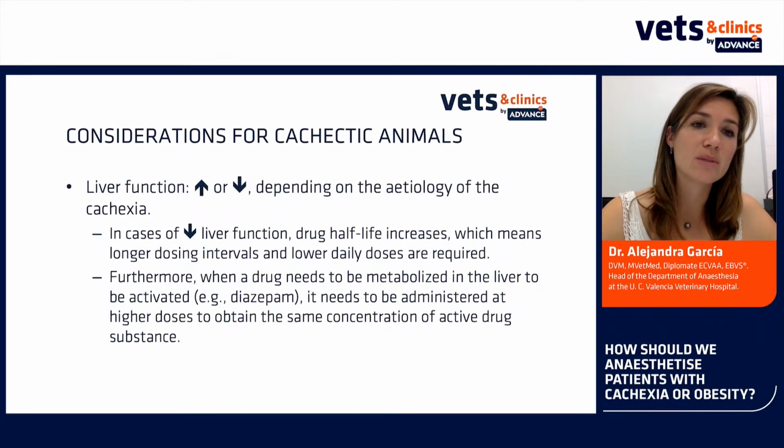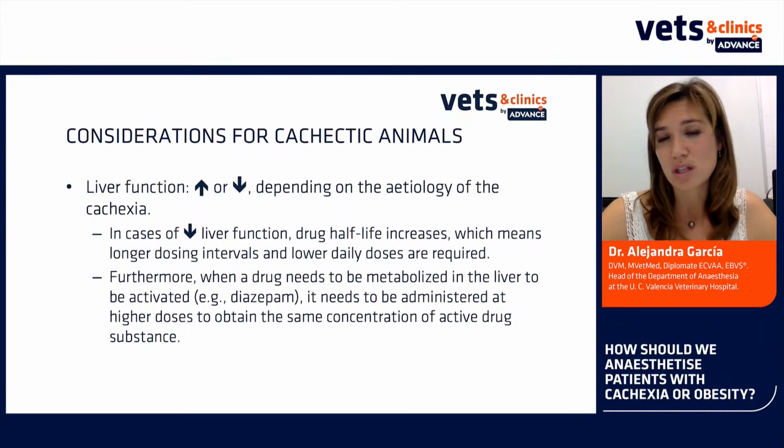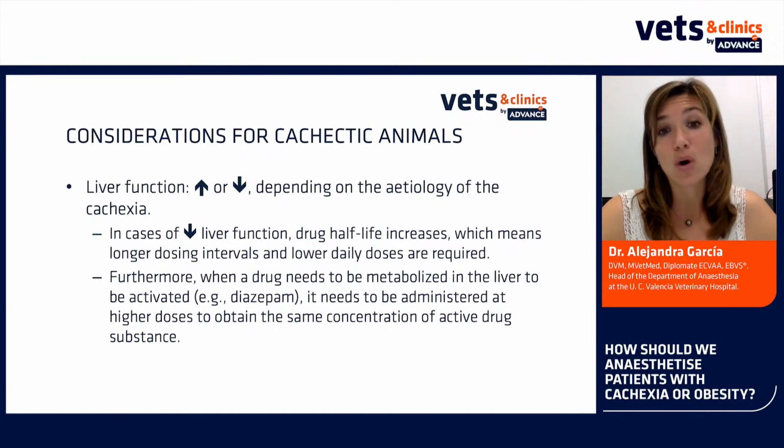Also, as we have mentioned before, the liver function will be increased or decreased depending on each case, on the etiology of the cachexia. So in cases of decreased liver function due to the disease, drug half-life obviously will be increased. The liver cannot metabolize the drug properly, and longer dosing intervals will be needed, or lower daily doses will be required if we are giving a drug during days.